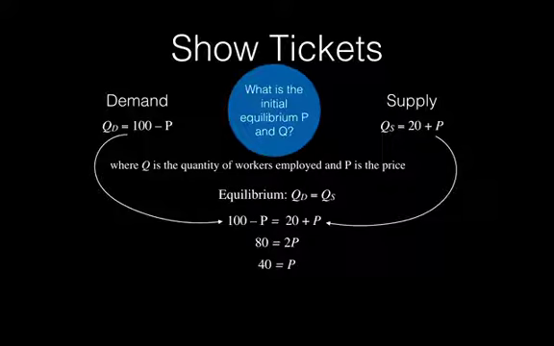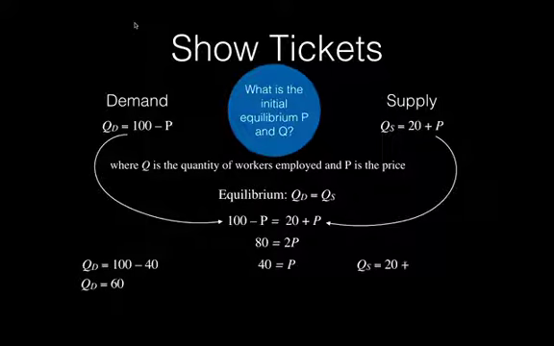So in order to determine the equilibrium quantity, we can place that price of 40 into the demand equation and the supply equation. I generally recommend that students do it to both, so they can test whether or not they've actually gotten the equilibrium price correctly. So if we put 40 into the demand equation for the price, we get 100 minus 40 is equal to 60.